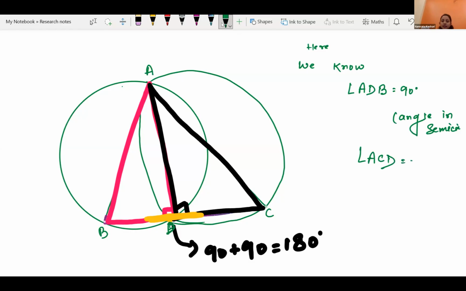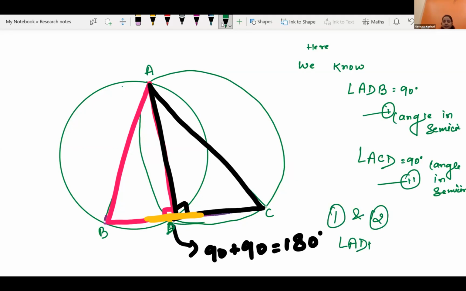And angle ADC is also 90 degree, angle in a semicircle. Right? Now, from 1 and 2, angle ADB plus angle ADC is equal to 90 plus 90, that means 180 degree.